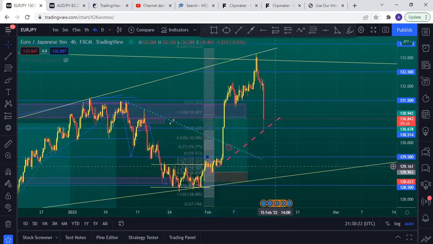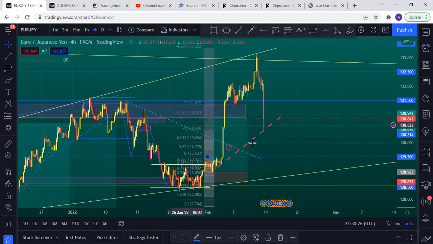So this is a minor trend line. All right, this here is a minor trend line. This is an internal trend line.